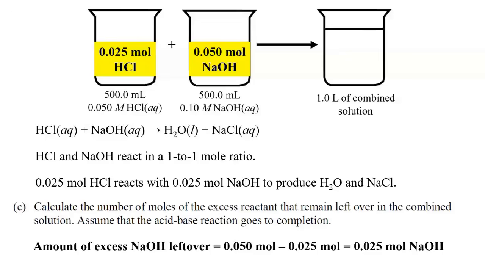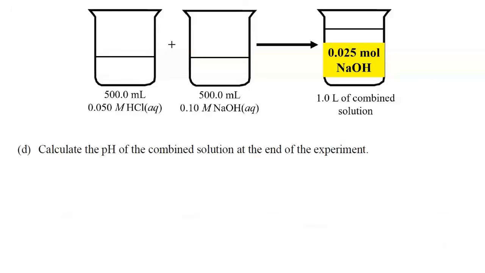So the amount of excess sodium hydroxide left over is 0.05 minus 0.025. So in the combined solution at the end of the experiment, there is 0.025 moles of sodium hydroxide. Now, part D asks, calculate the pH of the combined solution at the end of the experiment.